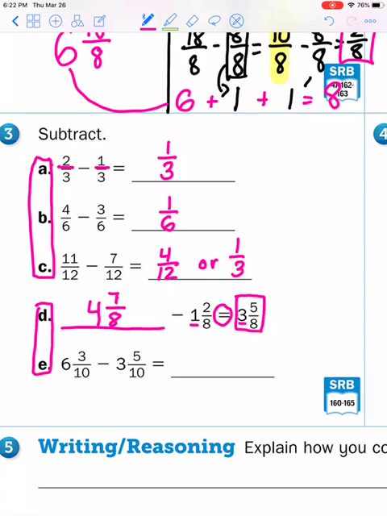So the way you would do that is if I had 6 10/10, right? So 10/10 6 times, I would get 60 tenths plus the 3/10 that are right here.